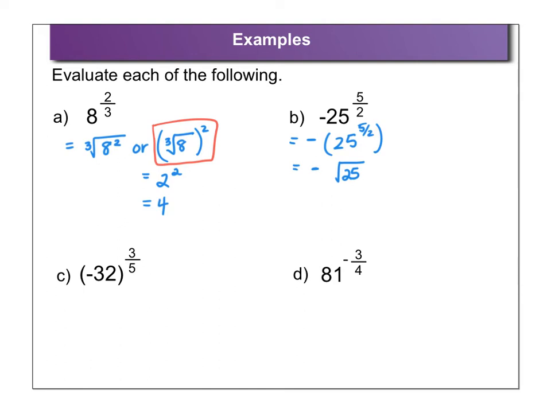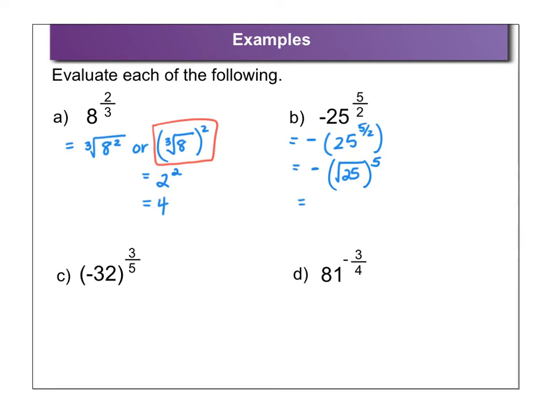So if I wanted to, I could write the little 2 in here. We often won't see that, as you know. Often, we will just write that as the square root of 25, and the numerator in our fractional exponent becomes our power. So that's how we would rewrite that power with the fractional exponent using radical form.